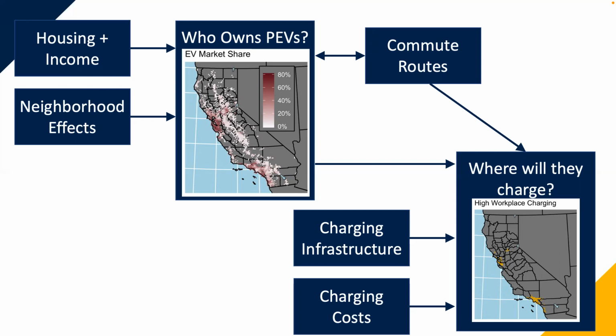some of the forecasting tools that I talked about earlier in this course, and we'll get more specific in a second. But it takes determinants of things like housing and income, and then this idea called neighborhood effects, which is like if you see a bunch of your neighbors owning electric vehicles, there's a higher likelihood that people in that neighborhood will have a proclivity towards buying those new technologies.